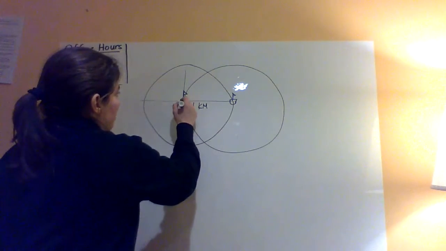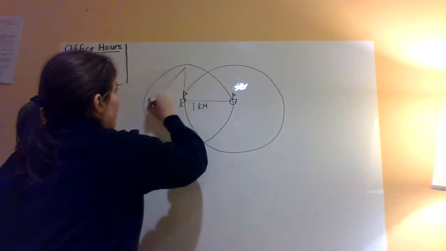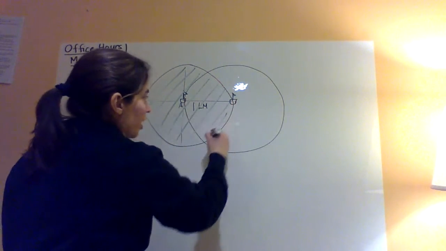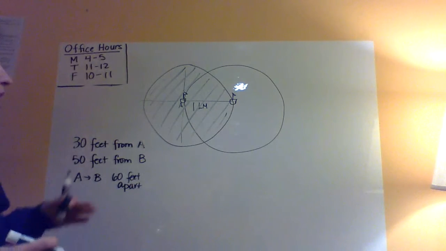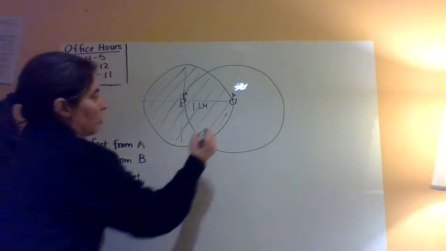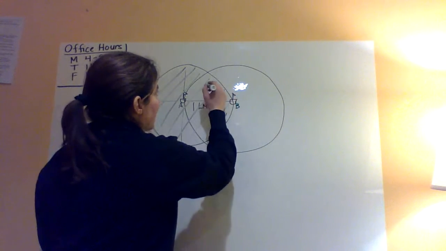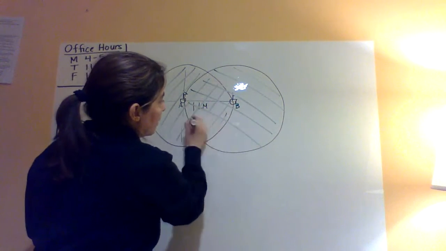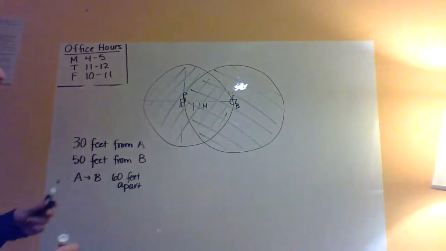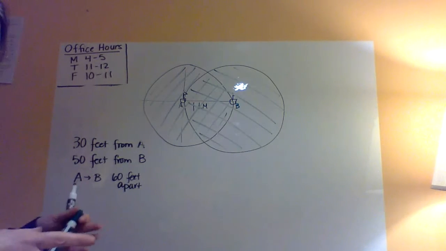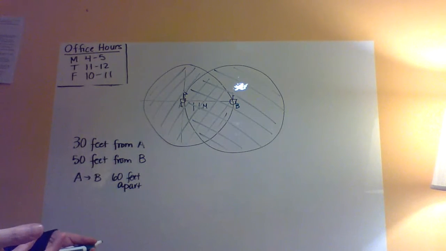So if I'm standing here at boat A, anything in this circle, not including the very edge, right? Anything within that circle is less than 1 kilometer from boat A. Well, if I look at boat B, anything in this circle is less than 1 kilometer from boat B. So we want to think about, if we know the whale is less than 1 kilometer from both of them, where does it have to be?